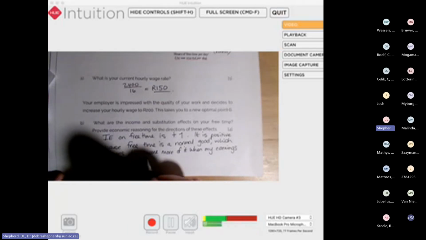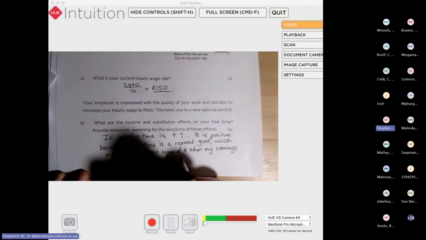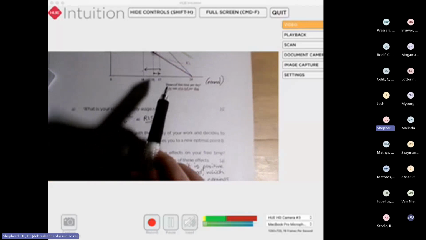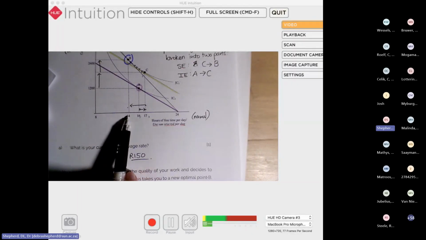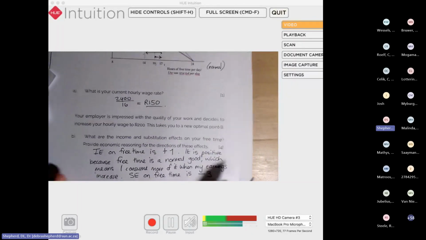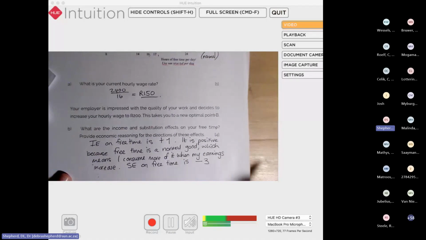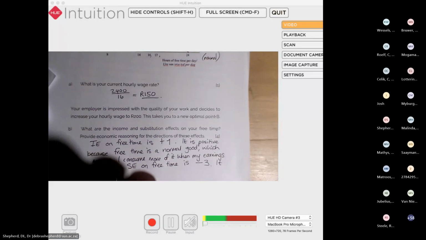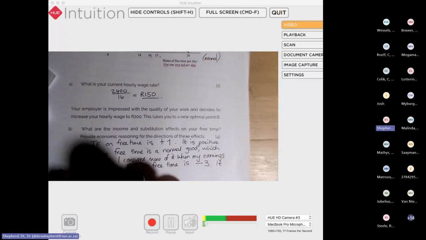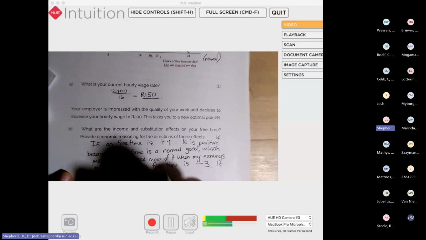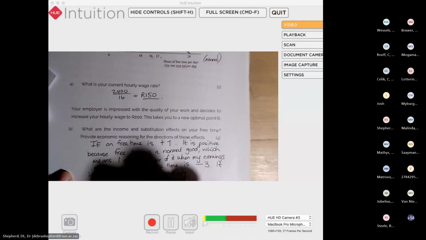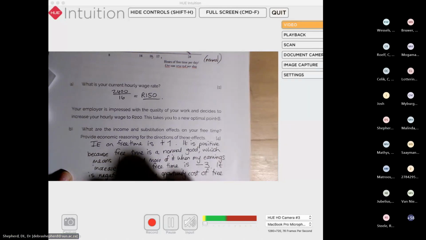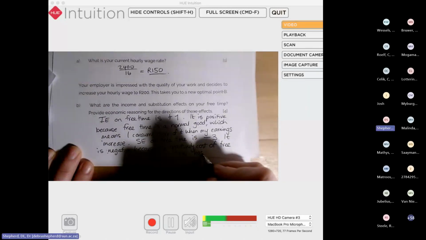The substitution effect on free time is -3. It's from 17 hours to 14 hours. And the reason why it is negative is because the opportunity cost of free time has increased.